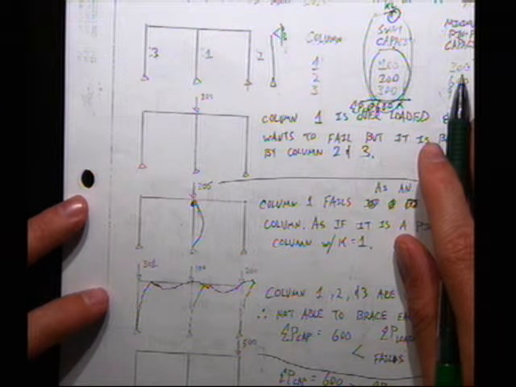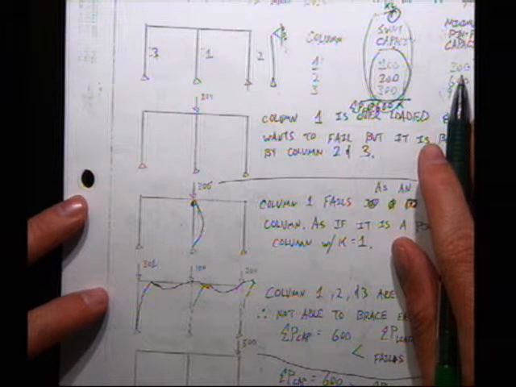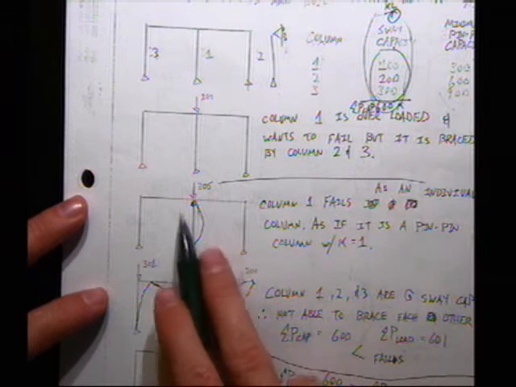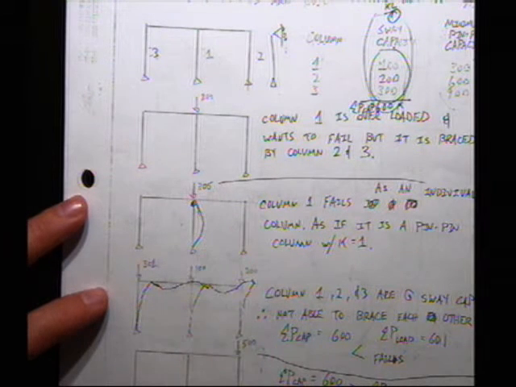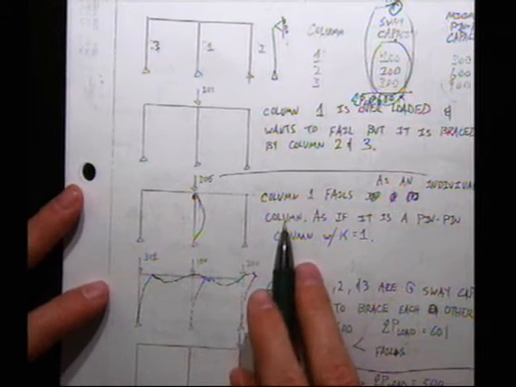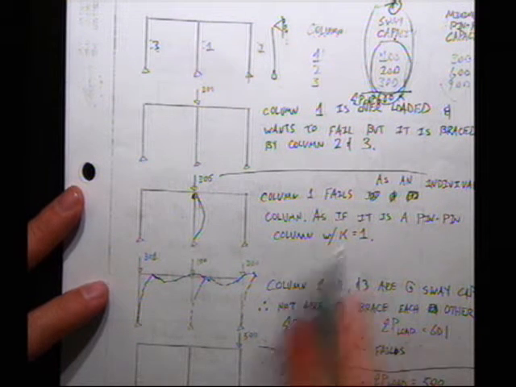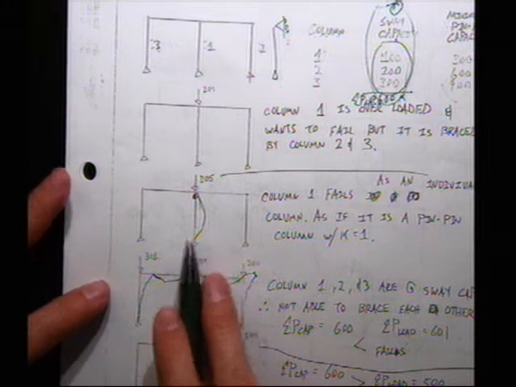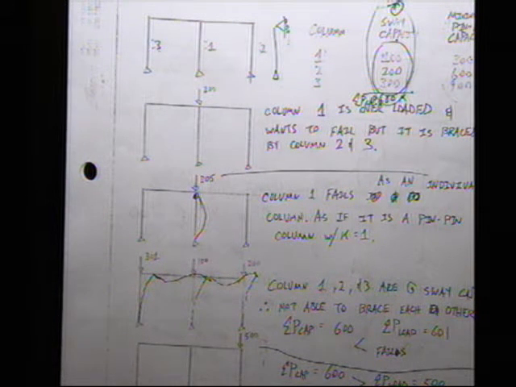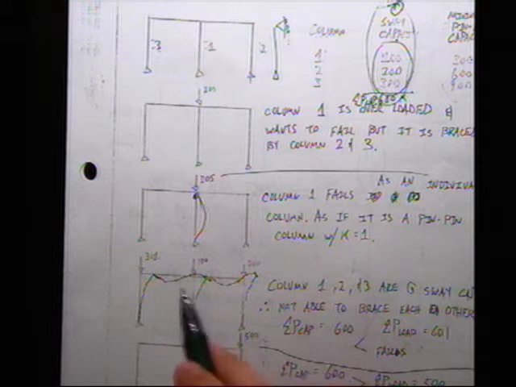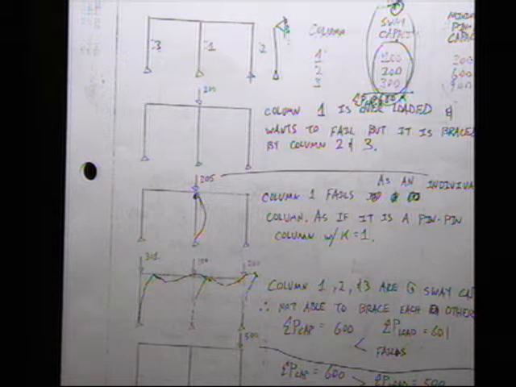Or if everything in the group is at its limit, you'll have failure. The individual is overloaded, so column 1 fails as an individual column, as if it is a pin-pin column with a K equal to 1. And there'll be people who say, but the K isn't really equal to 1. It's got more stiffness there, but we're assuming we're giving that stiffness to the group failure.